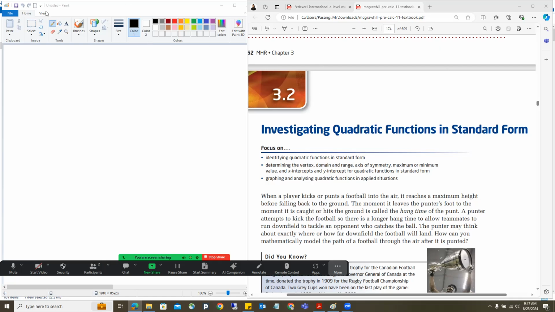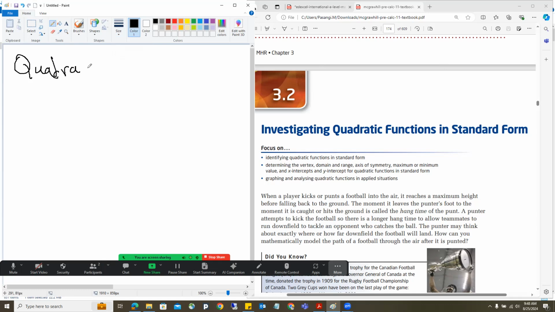So what will happen here? If you can remember what we did yesterday, yesterday we did the same thing about the quadratic equations, but we discussed that one with the vertex form.